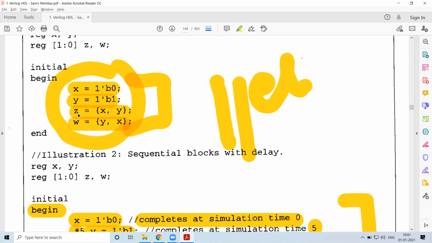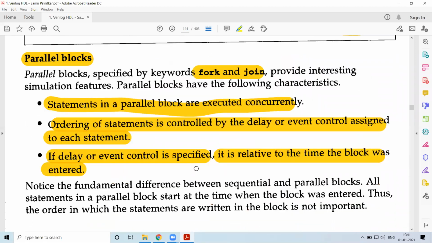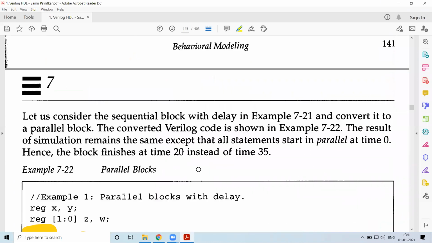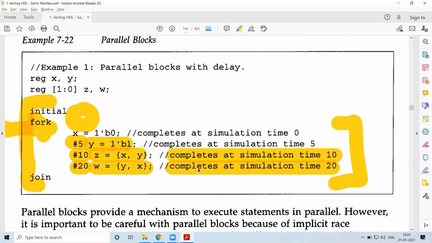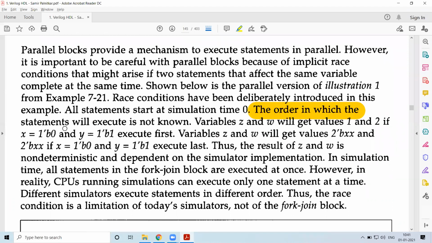It may turn out that Z will be the unknown values X concatenated with X. It is not the variable X, it is the unknown value. Similarly, W will also be X and X. So this is the problem when we are dealing with parallel blocks. So delay elements have to be specified if such conditions come around. That is what he is specifying here: the order in which the statements will execute. I don't know in which order they will be executed.